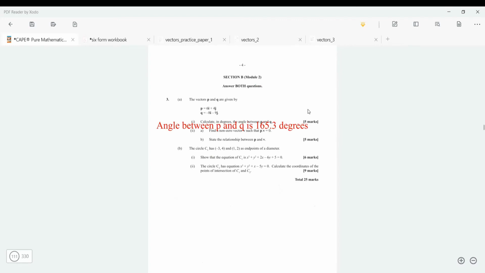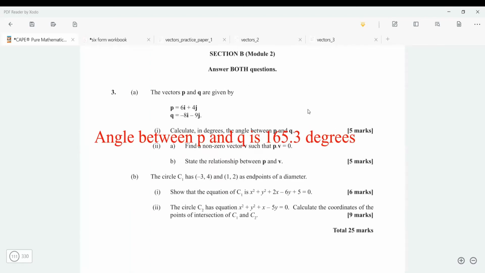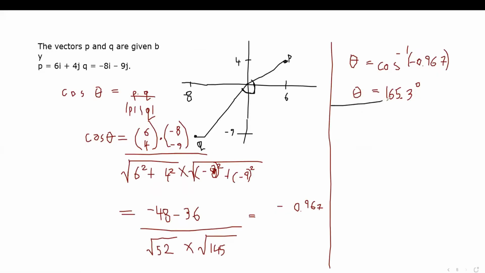Now this part says find a non-zero vector v such that p dot v equals 0. What you have to do is call v AB. We don't know what it is. You don't have to use AB, but I want to use AB.